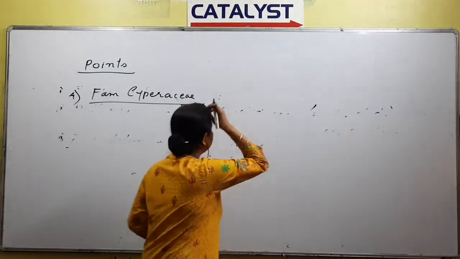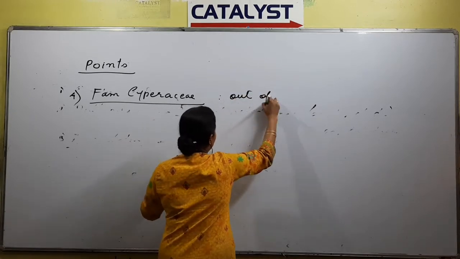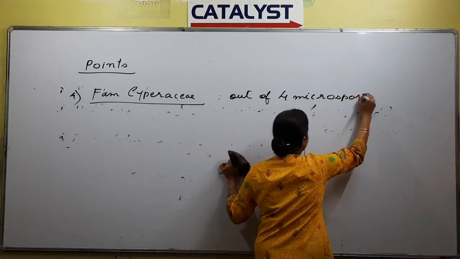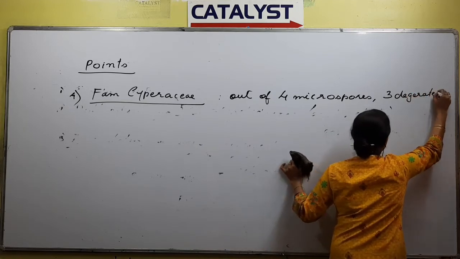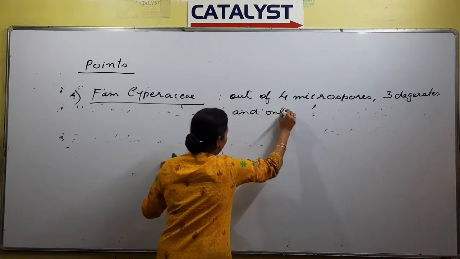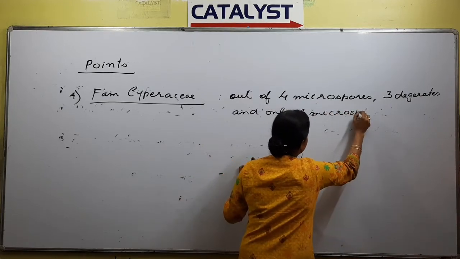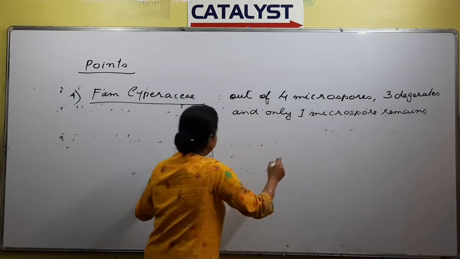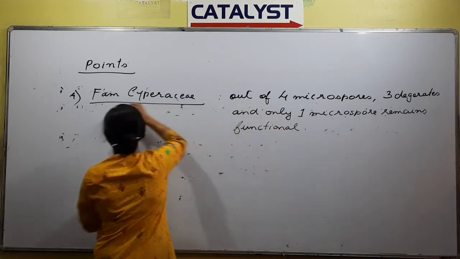What is so unique about Cyperaceae is, in this family, out of 4 microspores, 3 degenerate and only 1 microspore remains functional. This point is also very important.